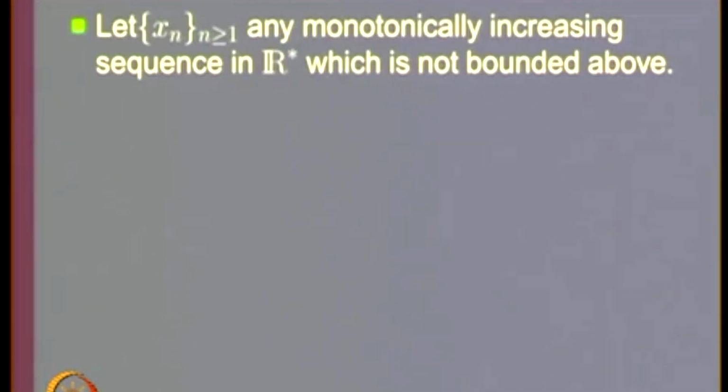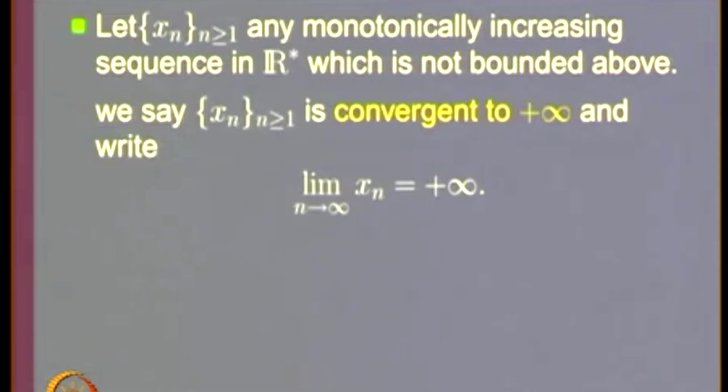And now if a sequence is monotonically increasing and it is in R star, a sequence of extended real numbers, and not bounded above, that means plus infinity is going to be an element of it. So we will say the sequence converges to plus infinity and write the limit as equal to plus infinity.